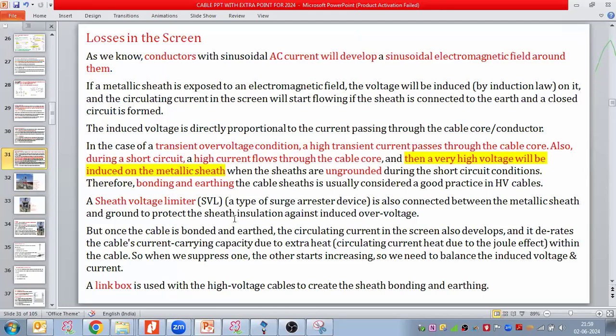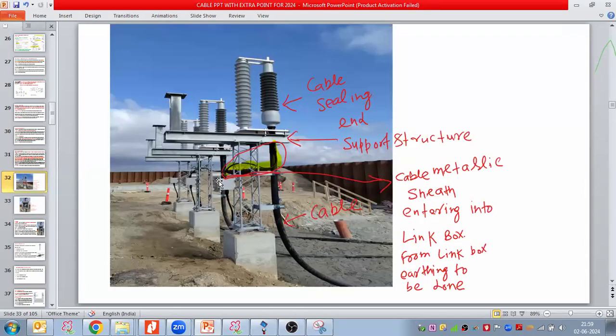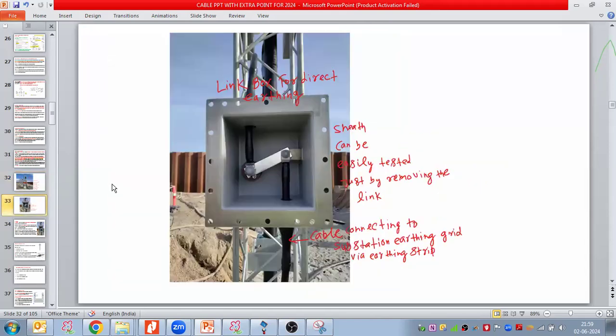Then we discussed why we have to take the SVL, and both SVL and grounding are performed in a separate box. That box is called a link box. This link box has a link, this kind of link. And how this link box looks at the site, outer and inner.